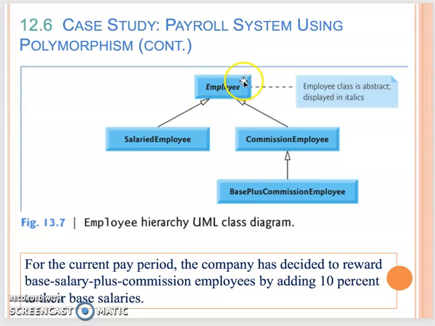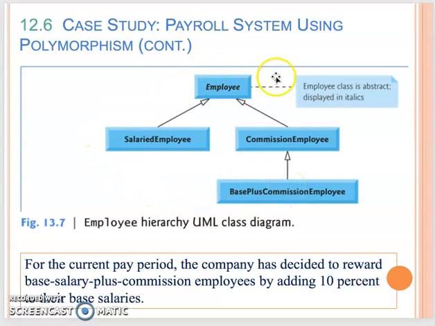From this base class, if we add a salary, they become the salaried employee. If we add the commission rate and gross sales, then we become the commission employee. Additionally to commission employee, we will have base plus commission employee.